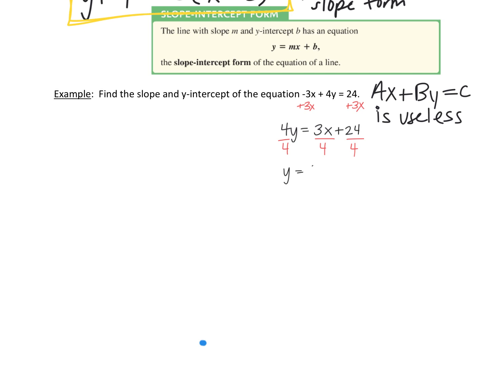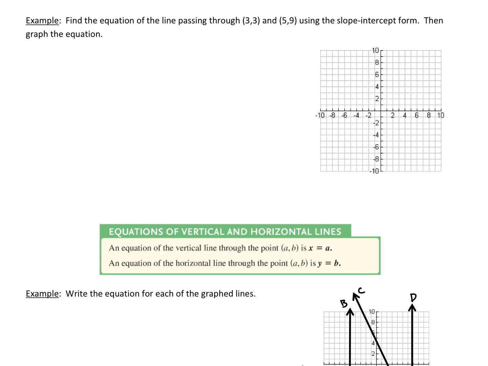So y equals 3/4 x plus 6. What is the slope? 3/4. What is the y-intercept? 6. That is your b. Find your slope first.